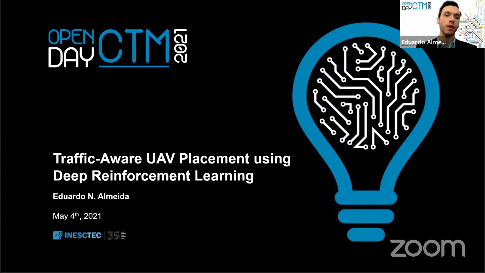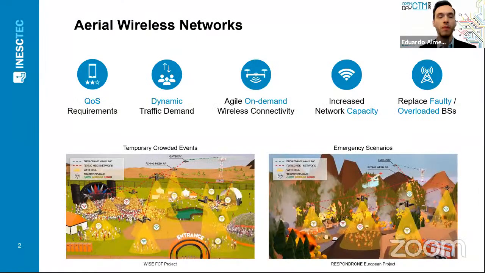So in recent years, aerial wireless networks have emerged as a promising solution to provide on-demand wireless connectivity in a myriad of scenarios.